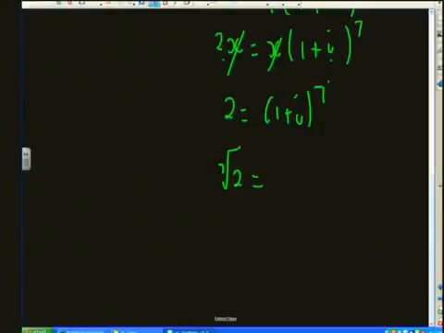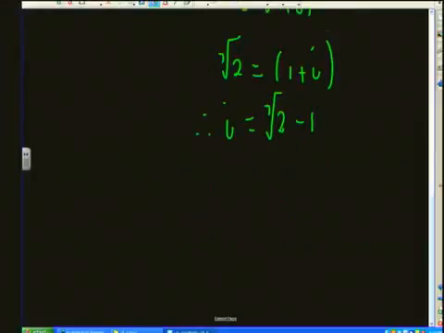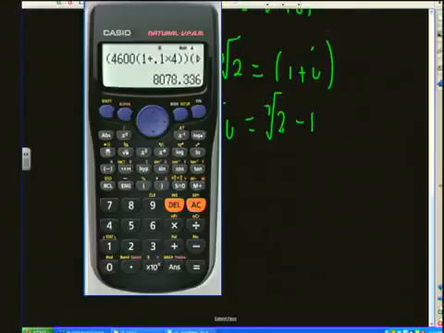If I raise that to the power of 1 over 7, the 7's cancel, and I just get 1 plus I. So therefore I will be equal to the 7th root of 2 minus 1. Then we simply need to use our calculator to work that out. So the 7th root, on your calculator, it's shift and that button, and it's the 7th root of 2 minus 1. So in decimal form, your interest rate is 0.104.